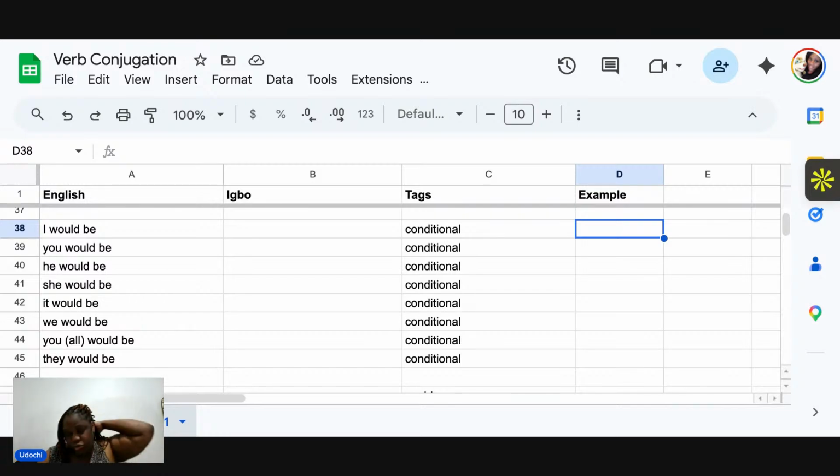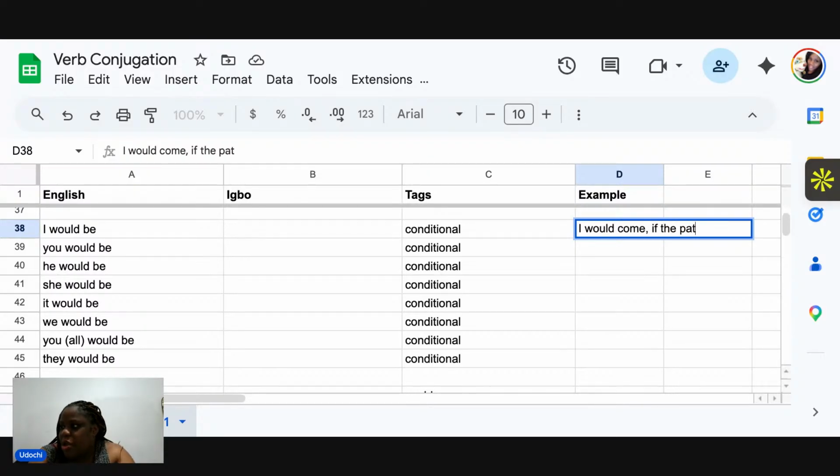This is conditional. I would come if you were. I would come if the event starts on time.